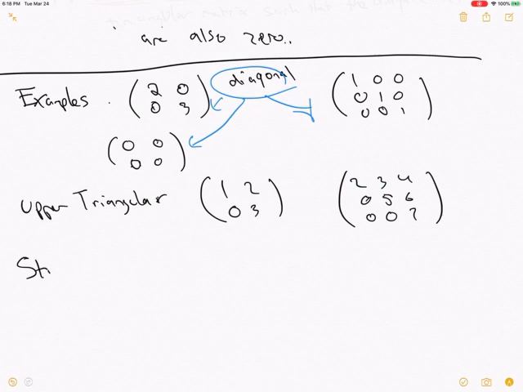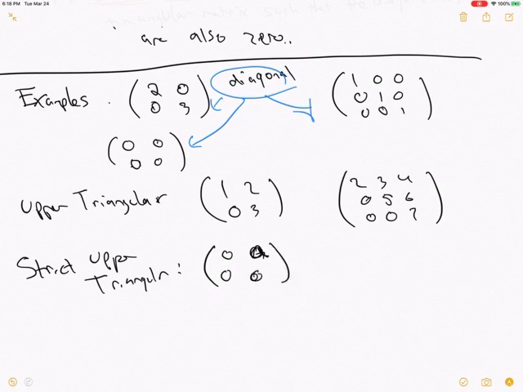What does strict upper triangular look like? It's similar to what's above, but you can't have anything on the diagonal. So a 2 by 2 would just have something there, I'll call that an A. That's the only way you can have a strict upper 2 by 2 matrix.